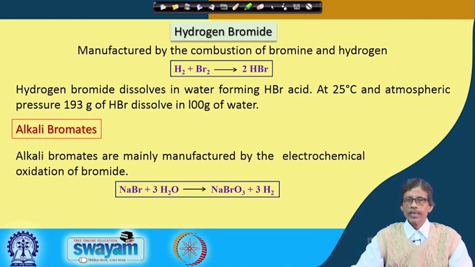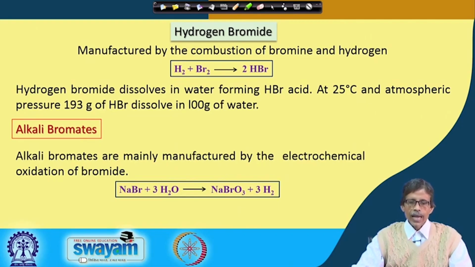From the water medium, the available protons, H plus, take up those electrons released during oxidation of the bromine and are reduced to hydrogen. So hydrogen gas is again a byproduct of this reaction.